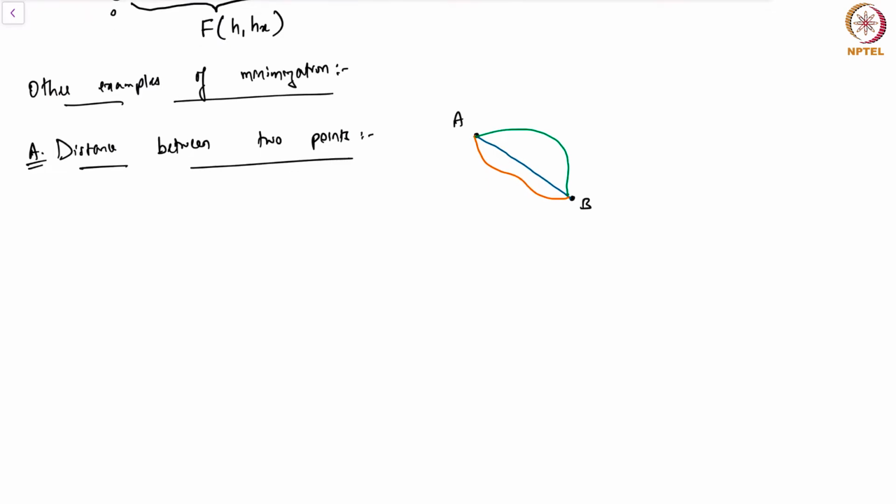So how do we do this? For example, one way to do this is to say that I will go from point A to point B along some arbitrary arc.